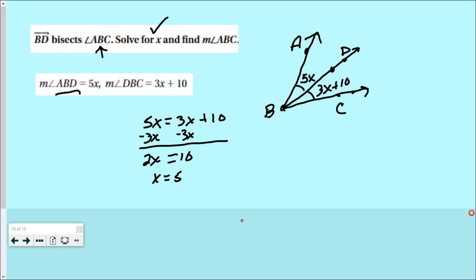For us to find out the value of ABC, we need to plug 5 in for x. So this angle is 25. Since it's a bisector, both angles are the same. So this one's 25. And 25 plus 25 means the measure of angle ABC would be 50.